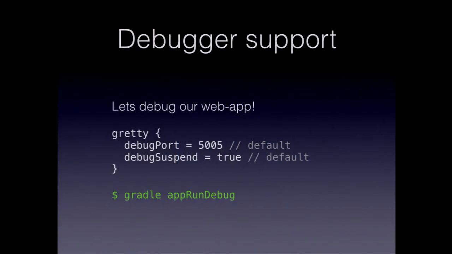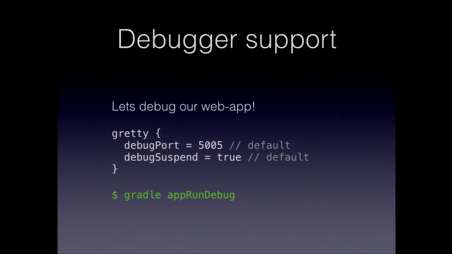So now we come to debugging support. Gretty provides two properties, debug port and debug suspend, which allow you to fine-tune how the debugger starts. Debug port is necessary because the debugging port is different from one IDE to another.